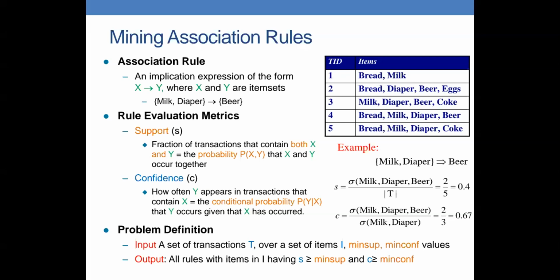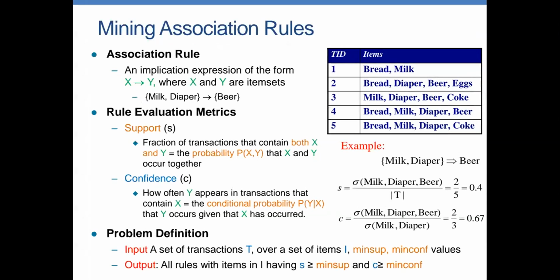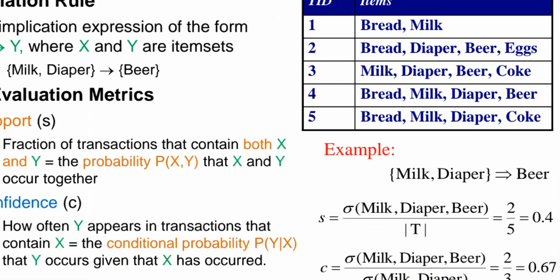Support is the fraction of the transactions that contain both X and Y, the probability P(X,Y) that X and Y occur together. For example, support s of milk, diaper, beer: out of 5 total transactions, 2 transactions contain milk, diaper, beer, the third and fourth transactions.